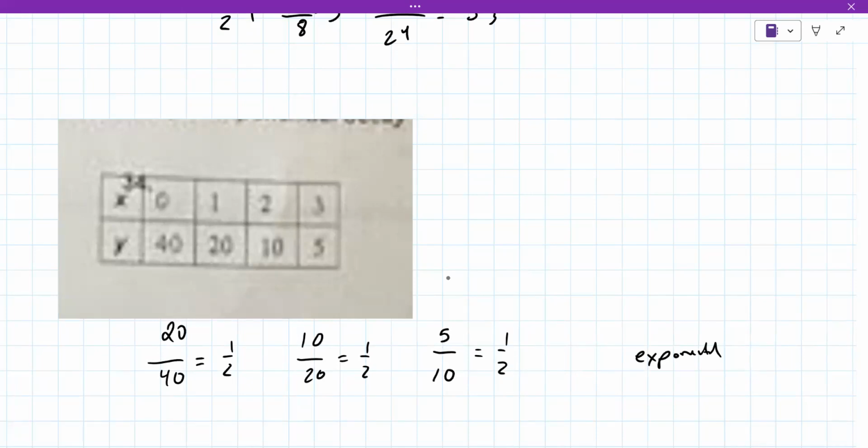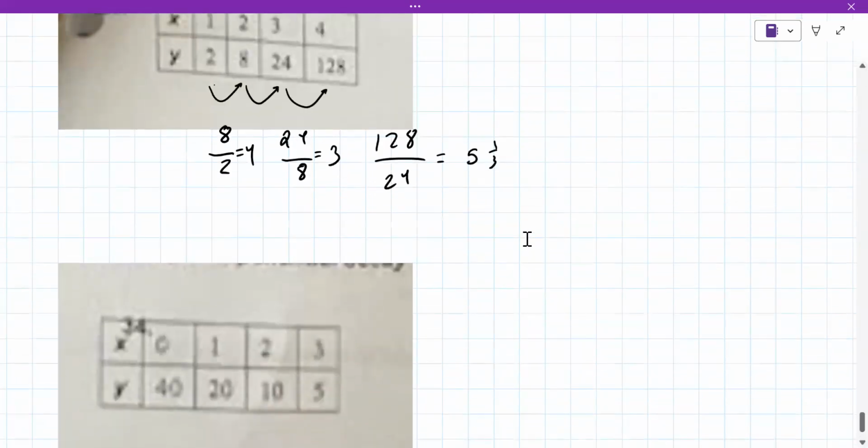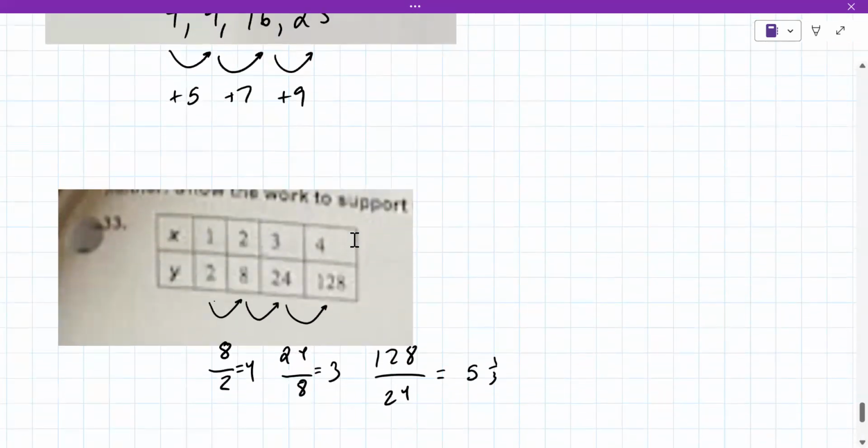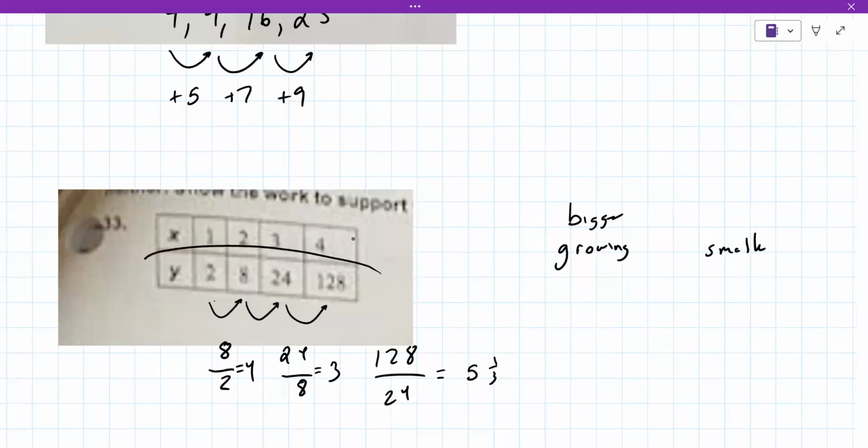So what do I say for 33? Well, we're going to get back to it. But I just wanted to show you that this one is an exponential model for sure, because these are all the same. You have to decide whether it's growing, getting bigger or smaller. You're looking at the y values. Do they get bigger or do they get smaller?